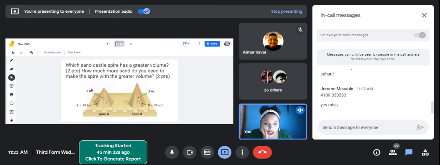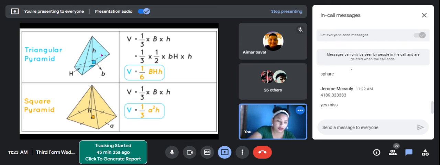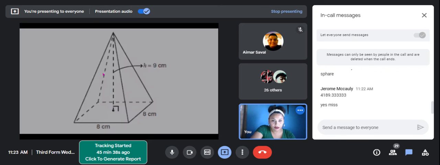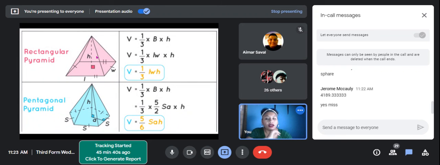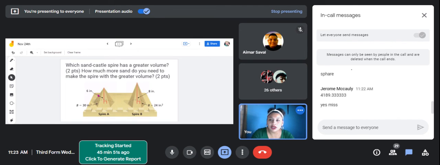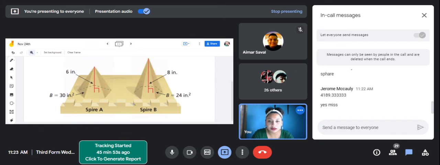Let's see. This other question, I have the formulas in the PowerPoint. I'm looking at the time. The other question that I showed, the one that has the two pyramids, let me go back to that one and zoom it.